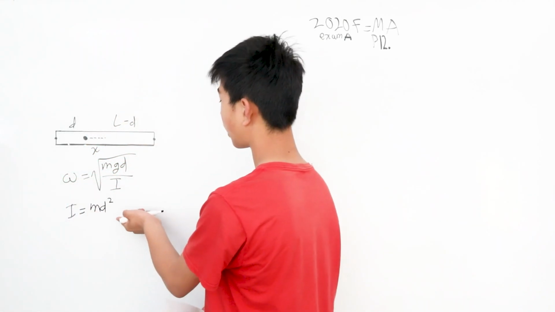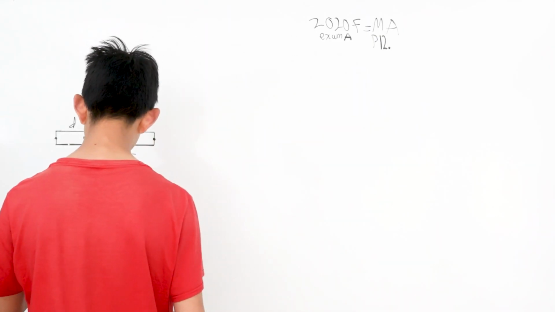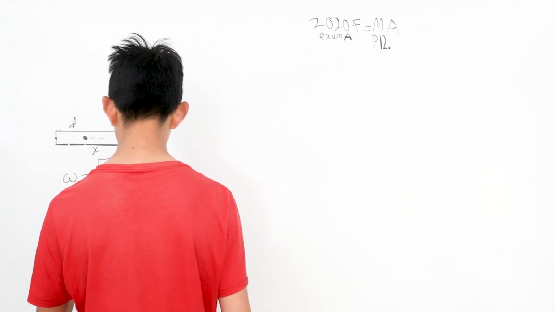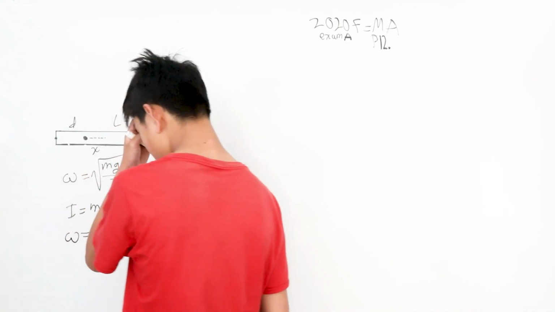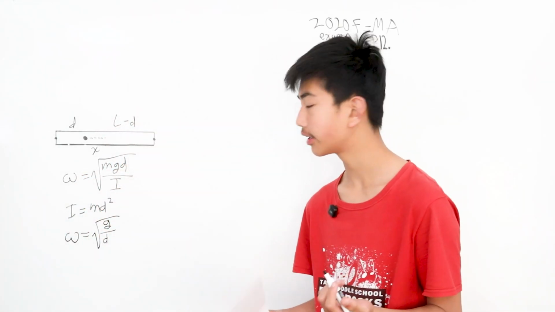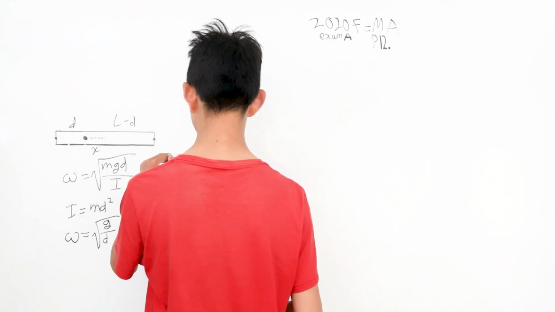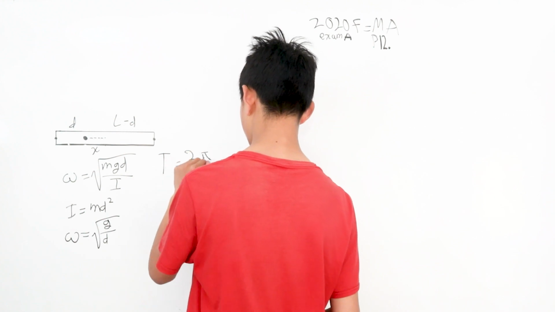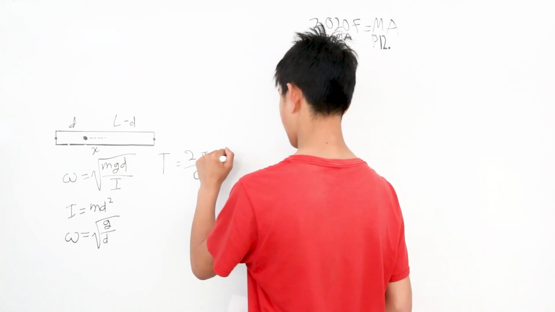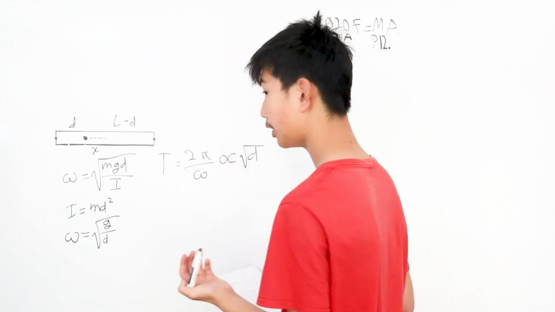Therefore, plugging this value into our original angular frequency equation, we get that omega in this case will be the square root of g over d. By definition, the period of small oscillations, T, is equal to 2 pi over omega, which you can say is proportional to the square root of the distance d.